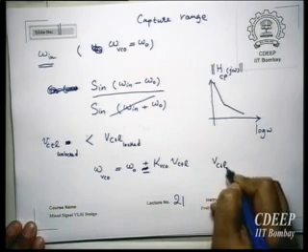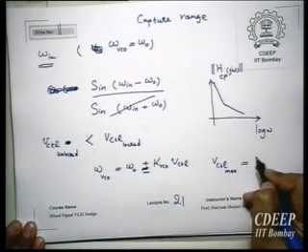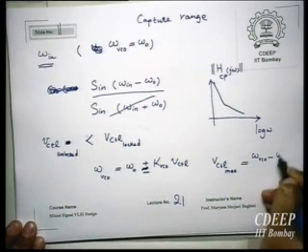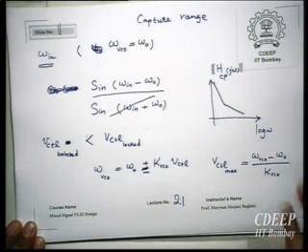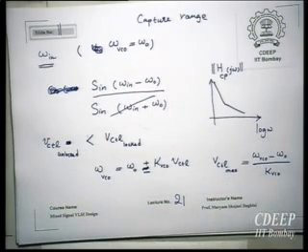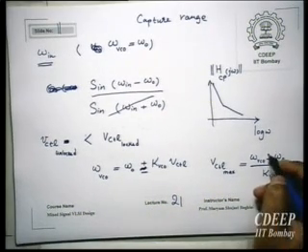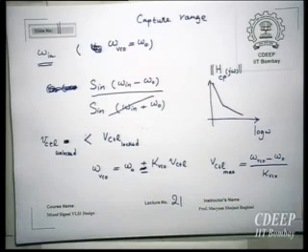VCTL max for the VCO is omega VCO minus omega 0 upon K VCO, right? Considering the positive value; for the negative value it will be omega 0 minus omega VCO. So this is the maximum voltage which can be applied at the input, so that I will get this omega VCO. Now I have a frequency which is omega in.